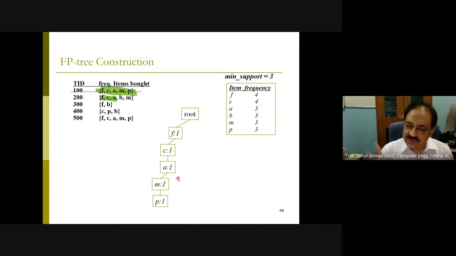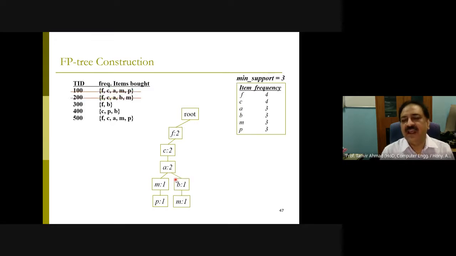Therefore, I can use the same branch for FCA, but B and M are not there. Therefore, from here I will make another branch, where FCA will be common to both transactions, and BM will be separate from A onwards. Therefore, I will write like this.